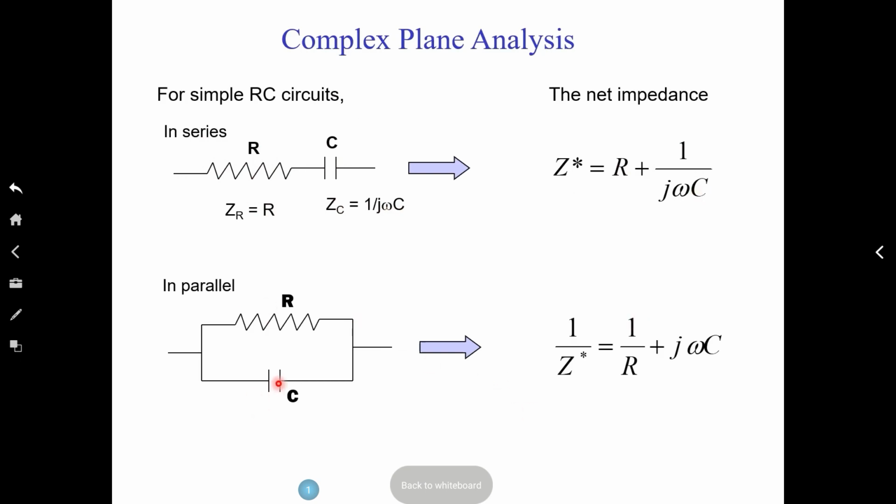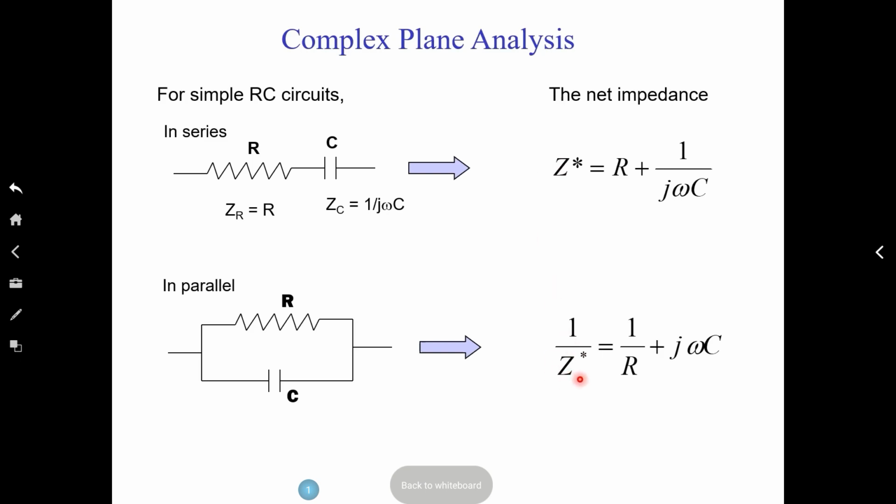If it's a parallel circuit, then it's going to be 1 over the effective impedance. By the way, sometimes you'll see that I put a star, sometimes I don't. But it means this time it's a complex number, so it will have a real part and an imaginary part.